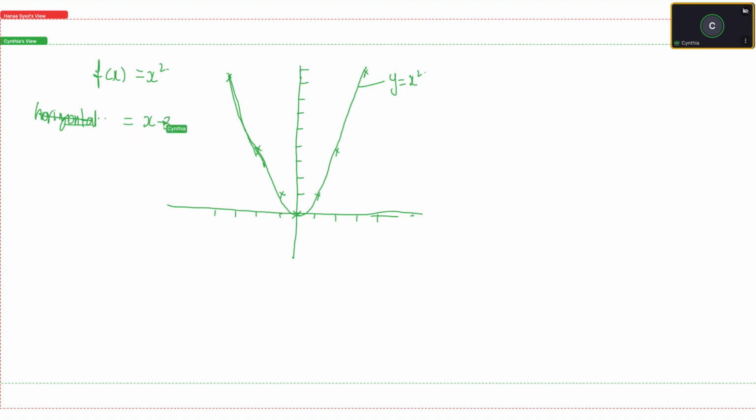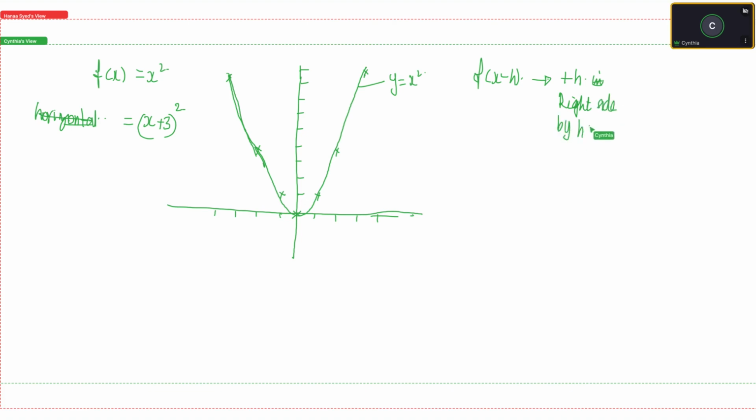You need to understand when I say f of x minus h, it is a positive h. That means it goes to the right side by h units.